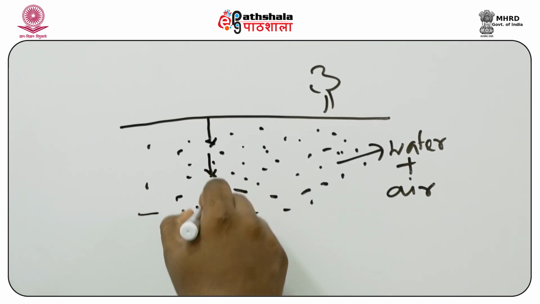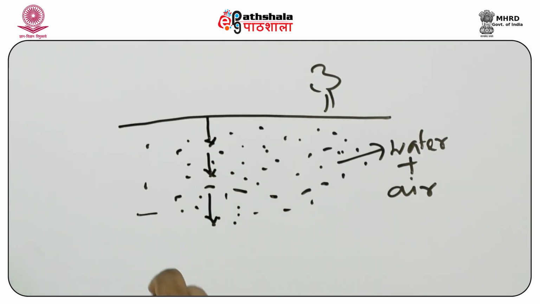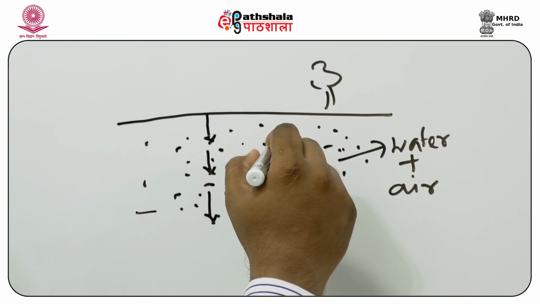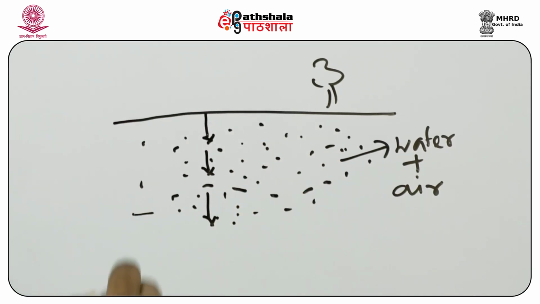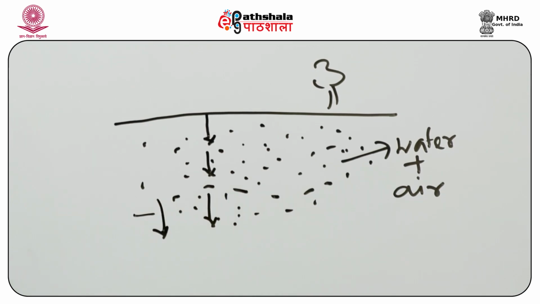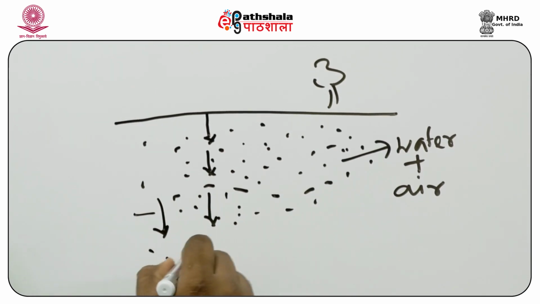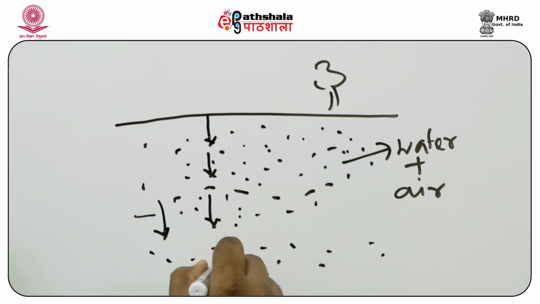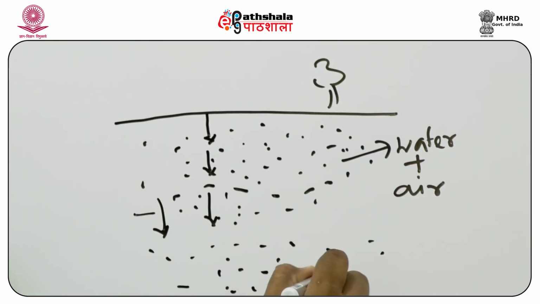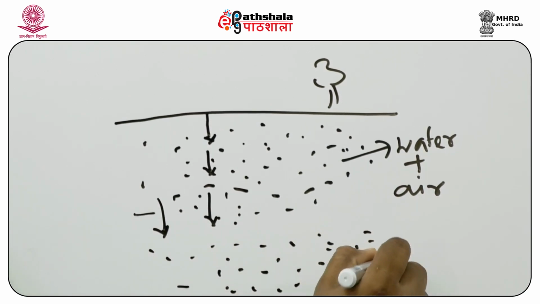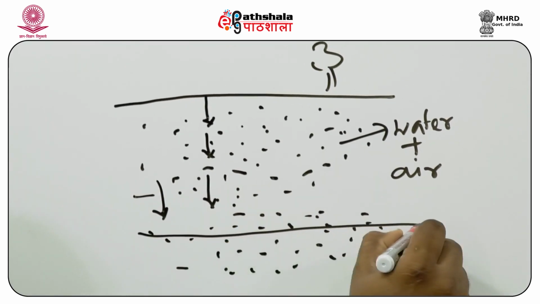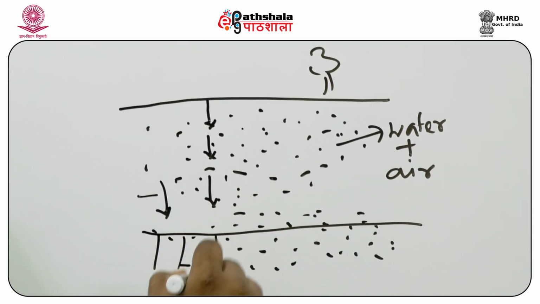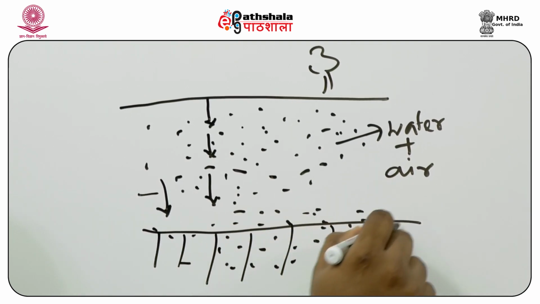Now, as we go downwards, we see that the proportion of air and water starts changing. As we go down below, the pores become more and more saturated with water rather than air. There comes a time where the pores are entirely filled up with water.